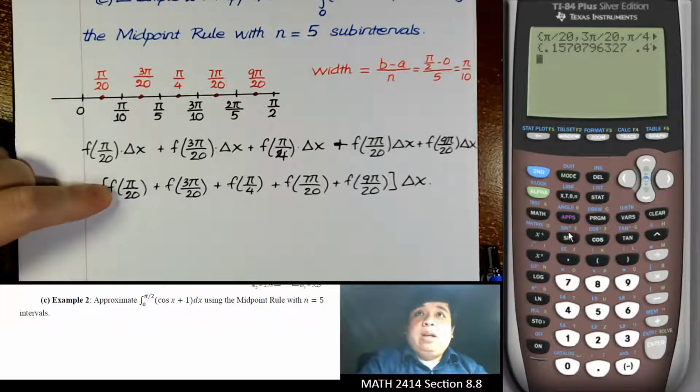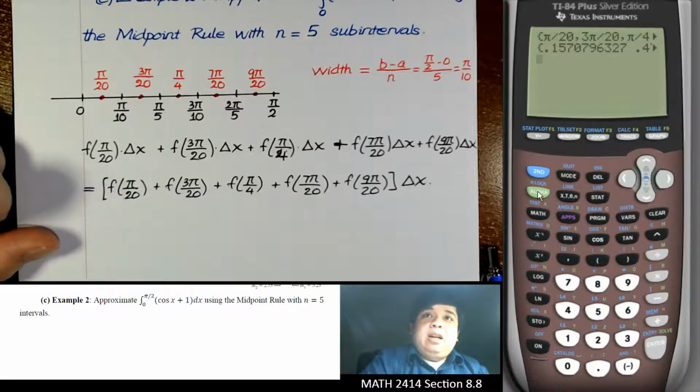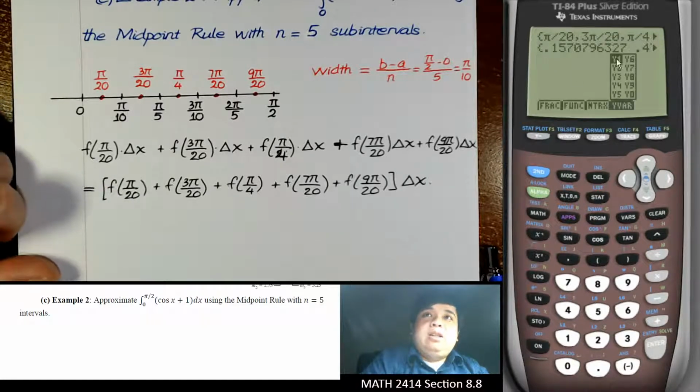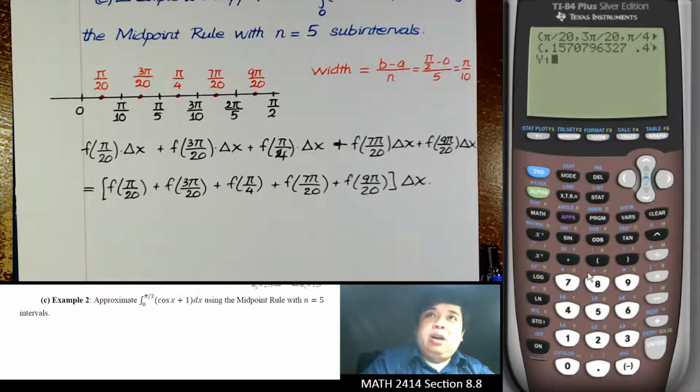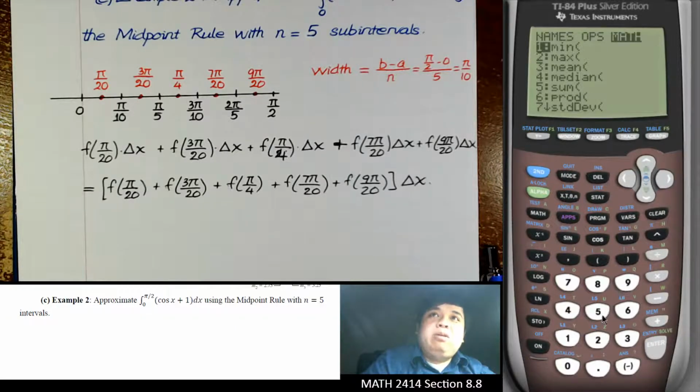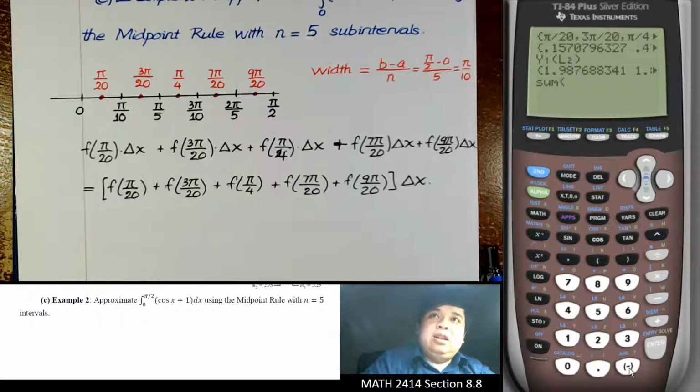Next, evaluate the list. Alpha trace y1, which we could enter into y2. It doesn't matter. Right. Open parentheses, second L2. Right. And then we add all of this up. Second stat. Go to math, option number 5. Second, negative sign.